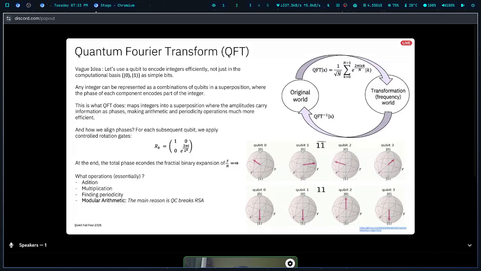For example, the big idea is trying to encode integers efficiently, not just in a computational basis as simple bits. For example, here we have the classical form that we technically can use, but it will not give us that speed up that we want. So what do we do?